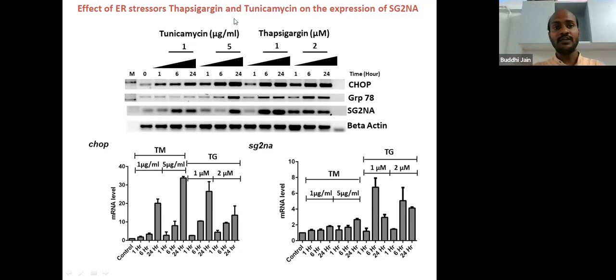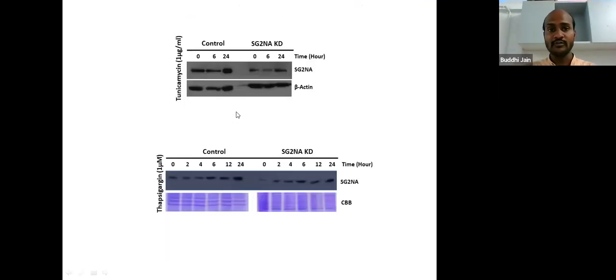We also confirmed the increased expression of Ag2Na upon treatment with these ER stressors at the protein level, and we got the same result: upon treatment with tunicamycin, the expression of Ag2Na goes up. Interestingly, even in the Ag2Na knockdown cells, when we treat with tunicamycin, the expression of Ag2Na increases.